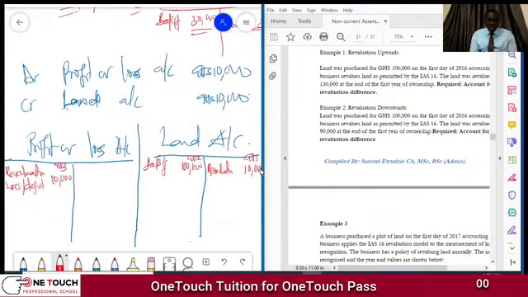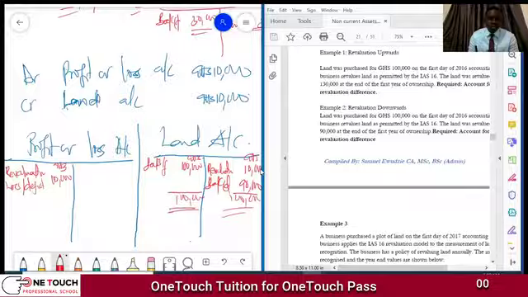So at the end of the period, our asset value was 90. All right, so this is how you go about it if you're using the T account.